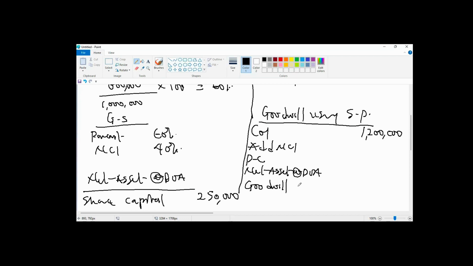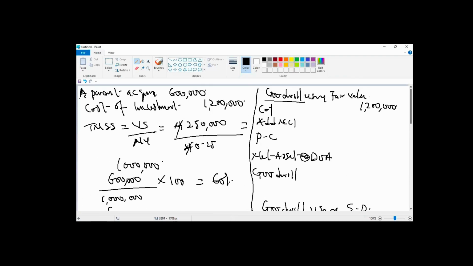Now, using fair value, he has given me the market price per share, 1 naira 80 kobo, and how many shares belong to NCI. He acquired 600,000 out of 1 million, that means 400,000 is NCI.